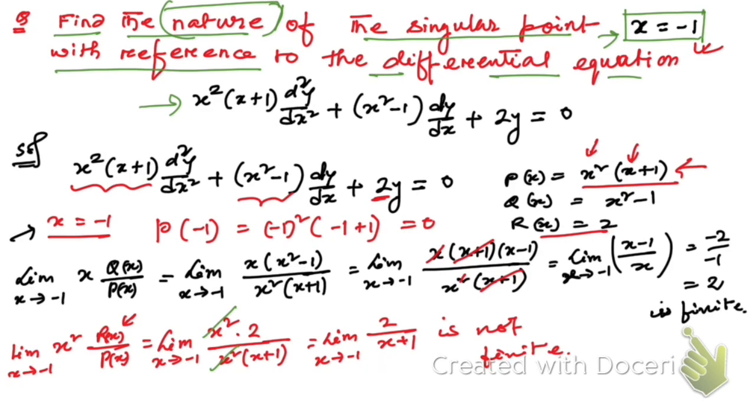So if you see this is not finite, as this is not finite, that x square into r of x by p of x, its limit as x tends to minus 1. So therefore this x is equal to minus 1 is an irregular singular point.